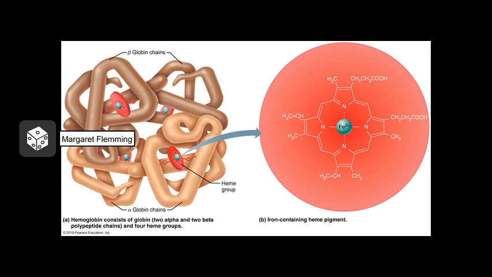This image is of hemoglobin, which we'll get to in a minute, but I want you to be clear on the red blood cell, or erythrocyte, in general. So the red blood cells make up most of the formed elements by far. They make up 45% of whole blood.